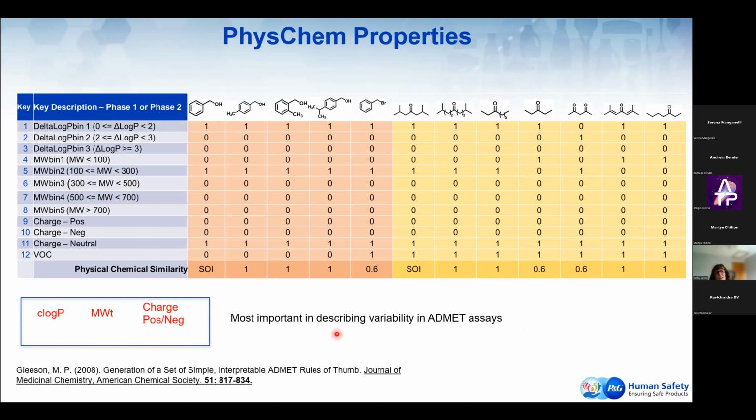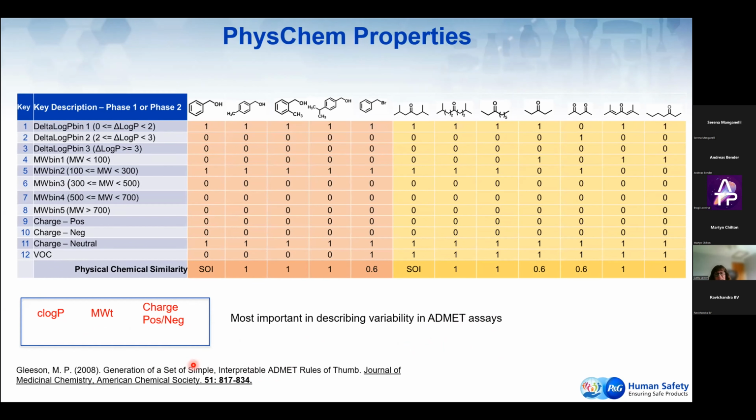They could define more than 80% of the variability found in the ADME data that they had. And the properties were log-P, molecular weight, and charge, whether the compound was positive or negative. So we incorporated those properties into our physicochemical property fingerprint.